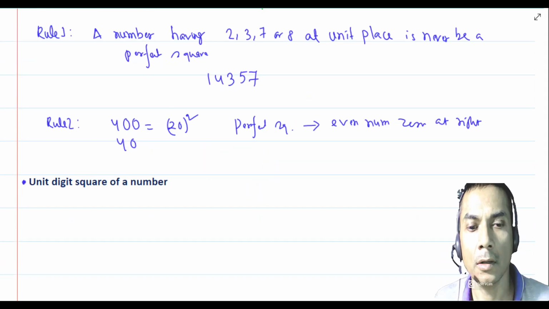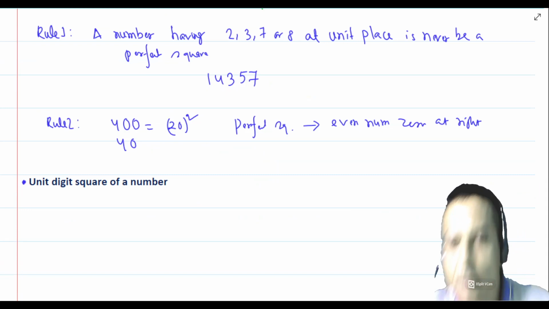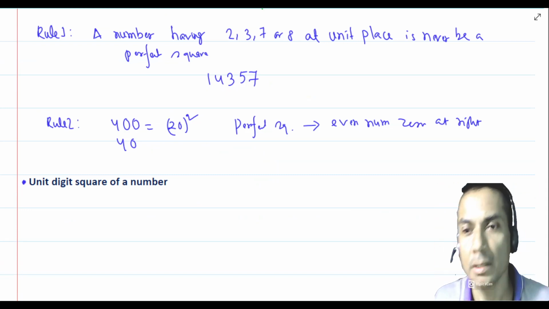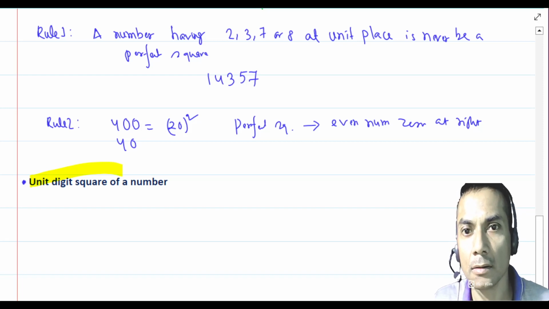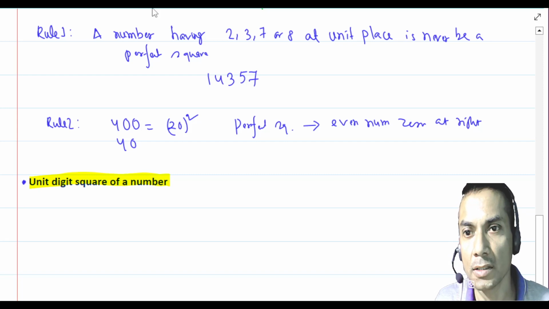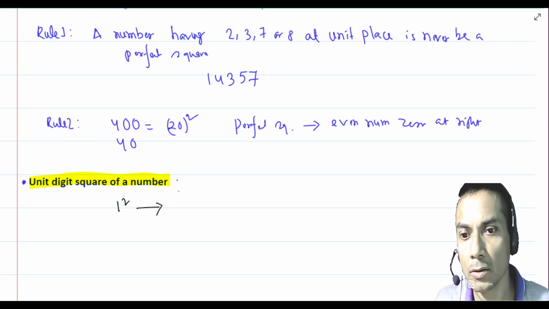Now we learn the unit digit after squaring any number. For example, if I consider 1 square, we get 1.